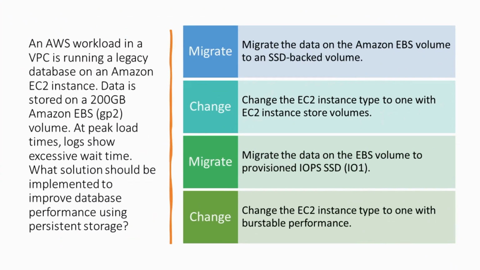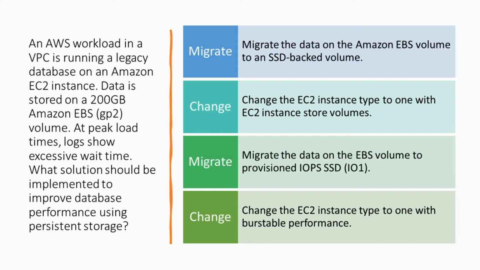An AWS workload in a VPC is running a legacy database on an Amazon EC2 instance. Data is stored on a 200 GB Amazon EBS, GP2, volume. At peak load times, logs show excessive wait time. What solution should be implemented to improve database performance using persistent storage?